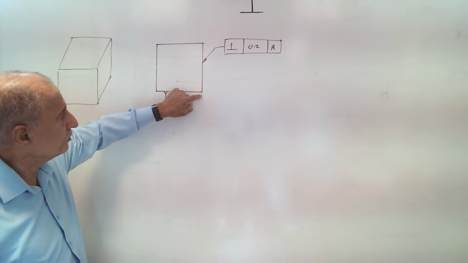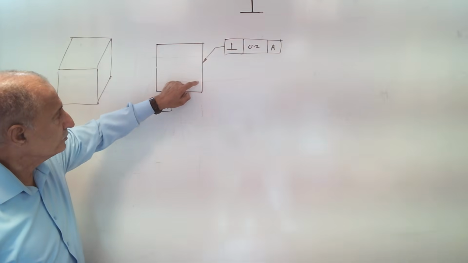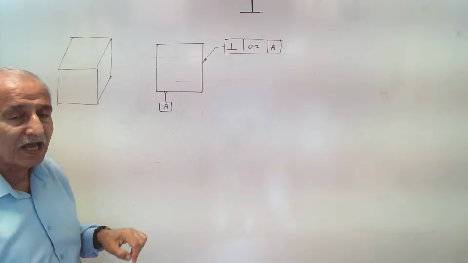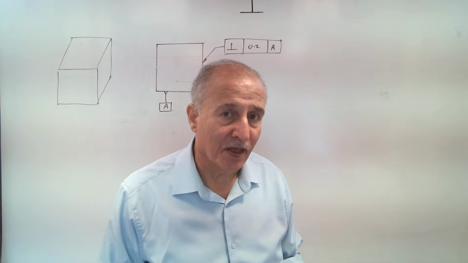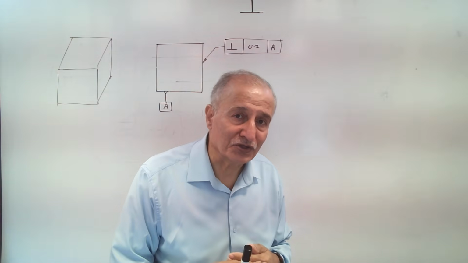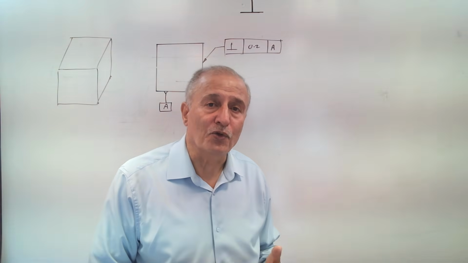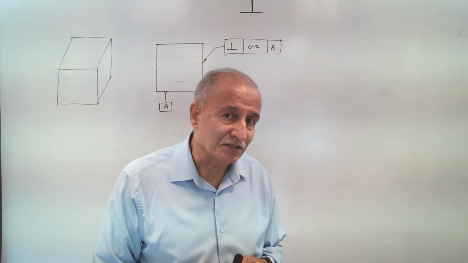In real life production, it's not possible to make an angle exactly 90 degrees because of error in production. Then the designer considers some allowance for this 90 degrees angle.